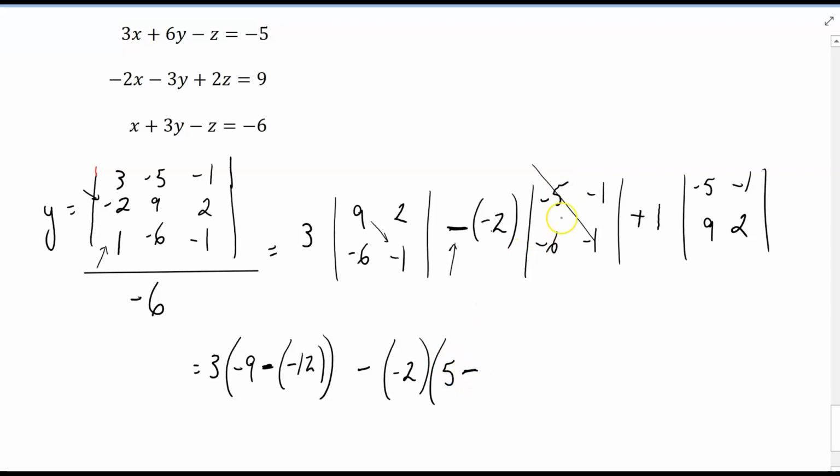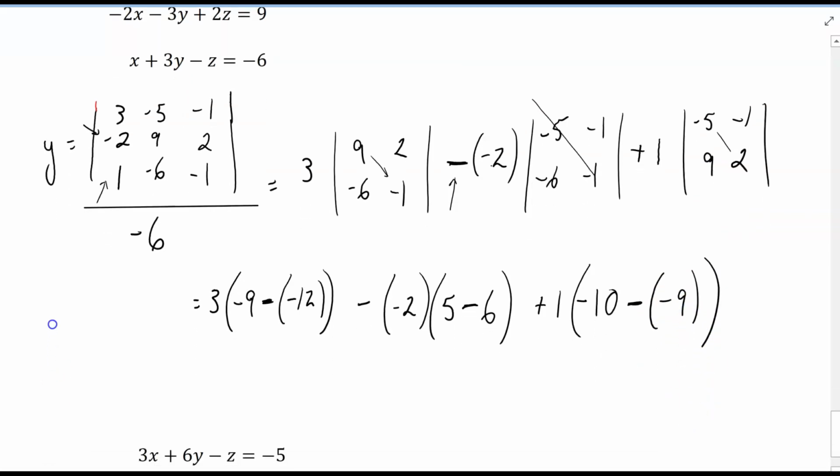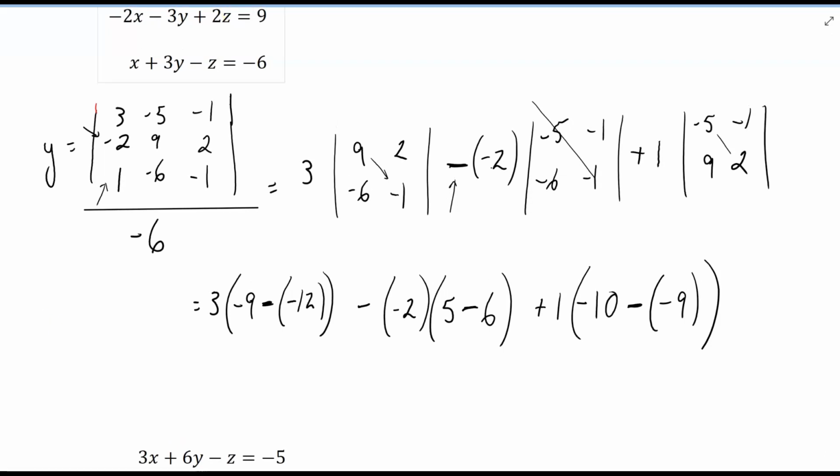Subtract minus 6 times minus 1 is positive 6. Plus 1 times minus 5 times 2 is minus 10. Subtract minus 9. Okay, a little bit of work now to get rid of some brackets. Oh, and also remember that that is all over minus 6, right? That's just the top one.